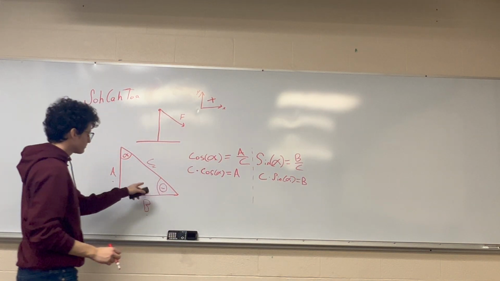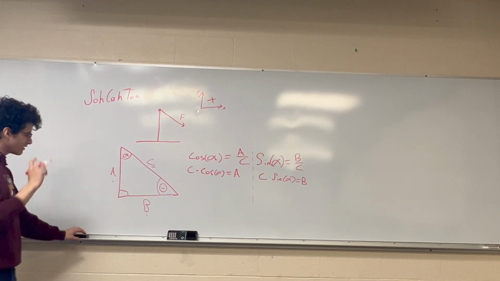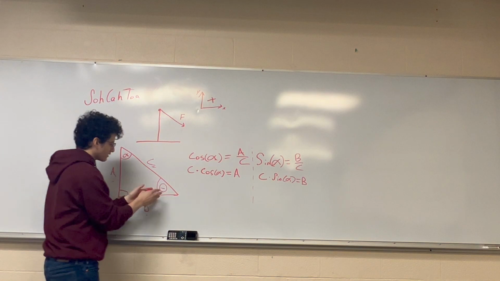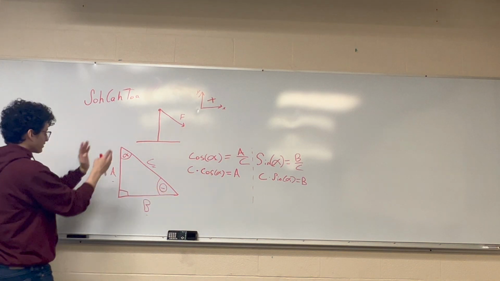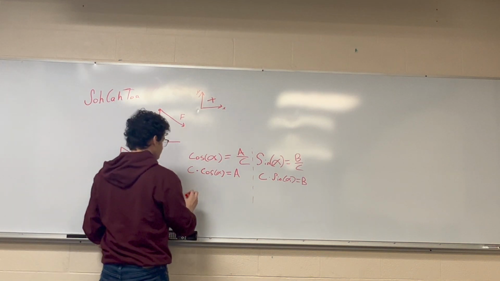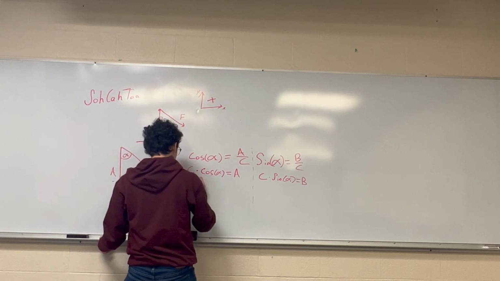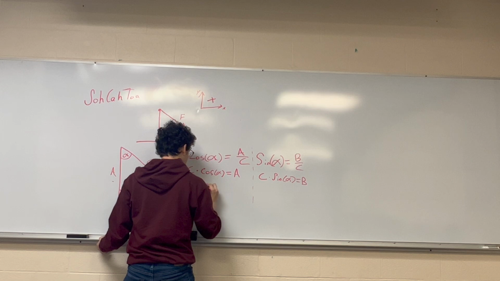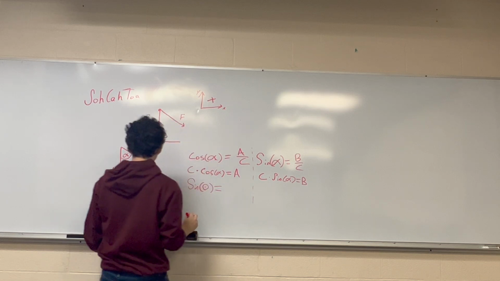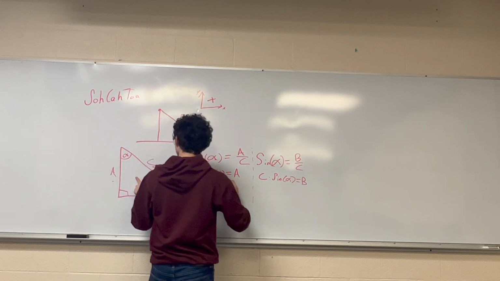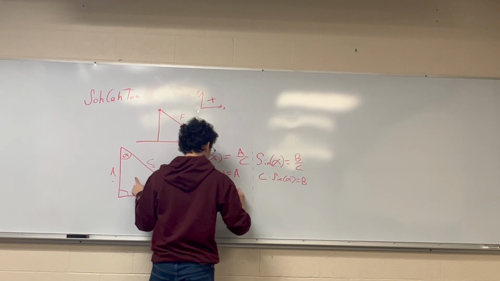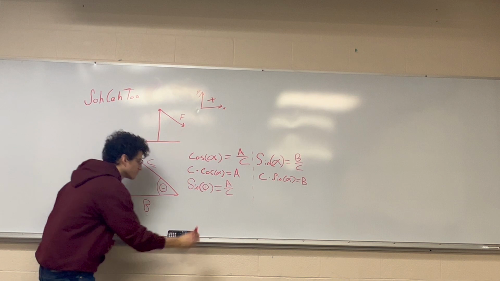Now with theta, if you want to find A using C, A is opposite theta. So to find that using C, we have sine of theta equals the opposite over the hypotenuse, so A over C, and then we can bring the C around.